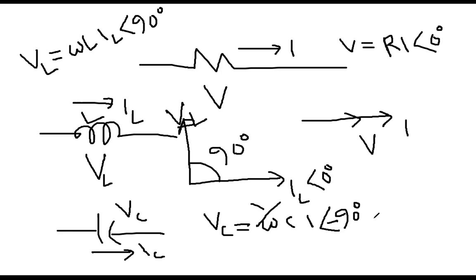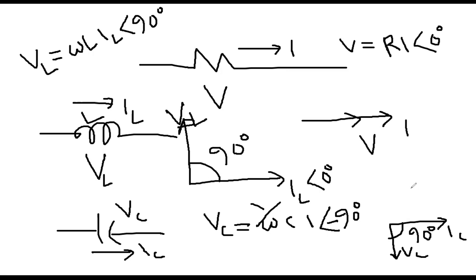That was the conclusion we got. So how to draw that? If this is your IC, and the voltage has minus 90, then voltage will be downward. That is VC. This means voltage lags current by 90 degree, or in other words, current leads voltage by 90 degree.